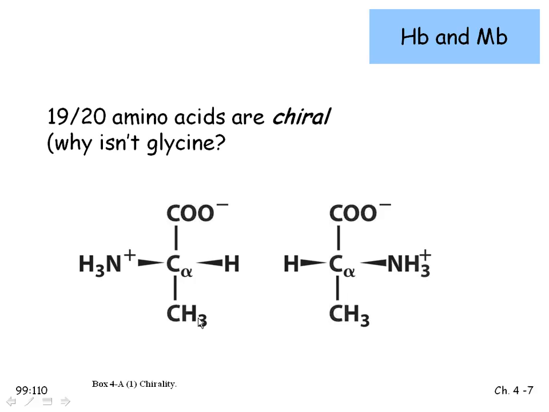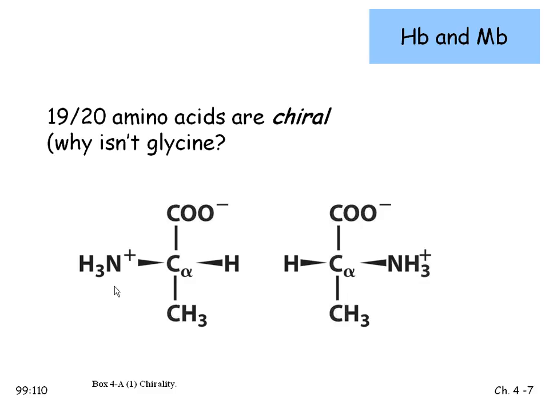This is a drawing to show you how an amino acid would be chiral. And this is showing you alanine, because you have a side chain here of a methyl group. And you can see that you can make that representation of alanine in either of two ways, with the amine nitrogen off to the right or off to the left. And so that's, in effect, a left or right-handed version of it.